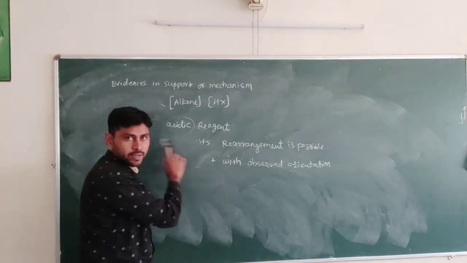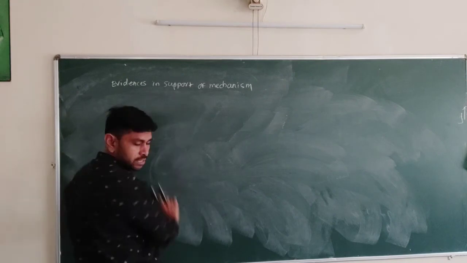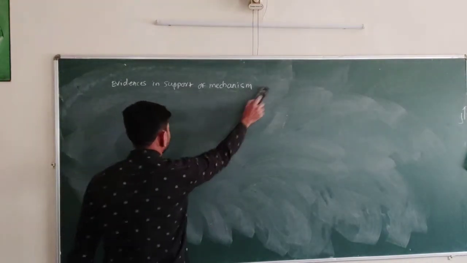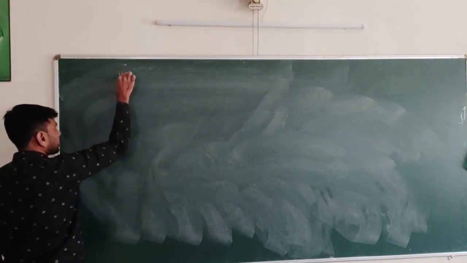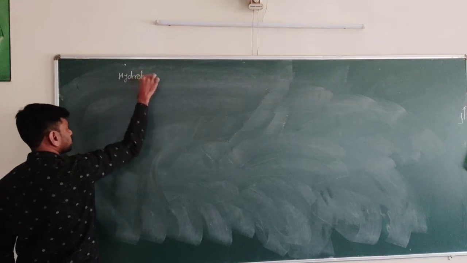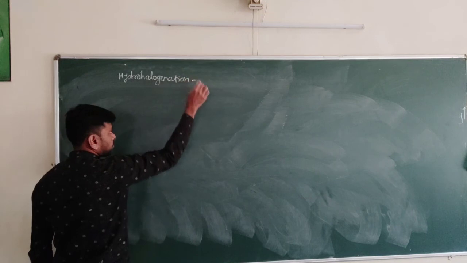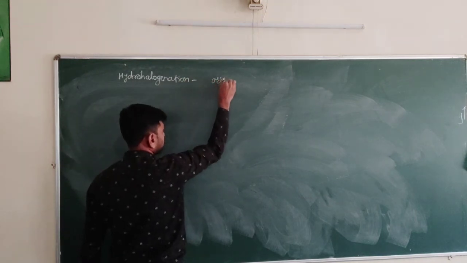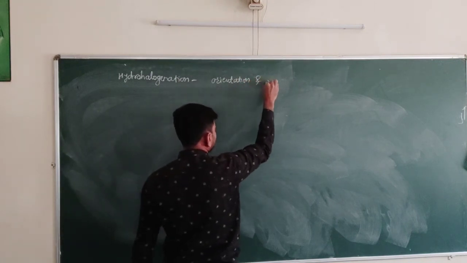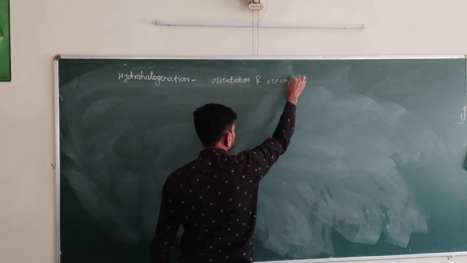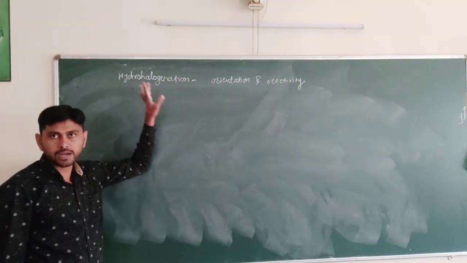Now the next thing that we have to study is the orientation effect, by taking the example of hydrohalogenation. We have to study orientation and reactivity by studying hydrohalogenation.